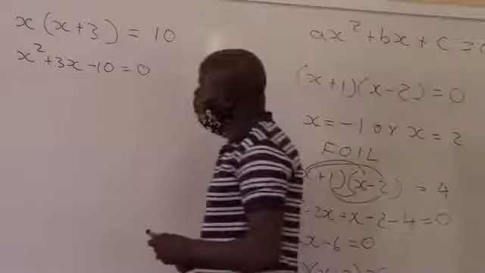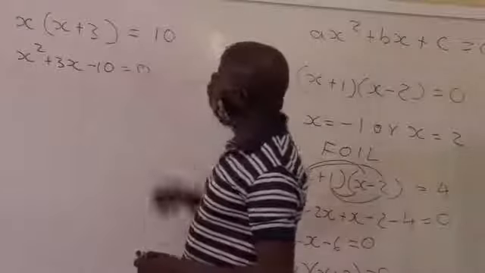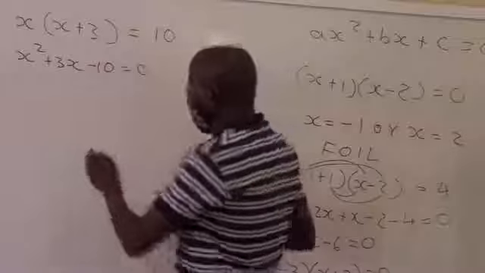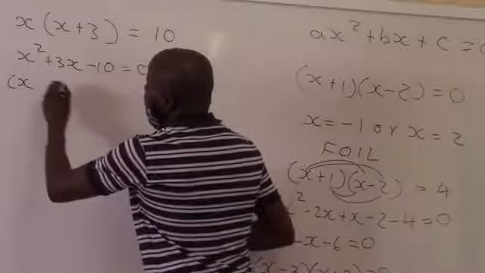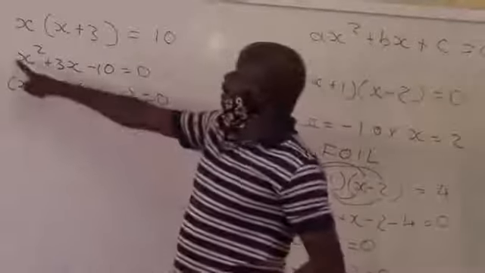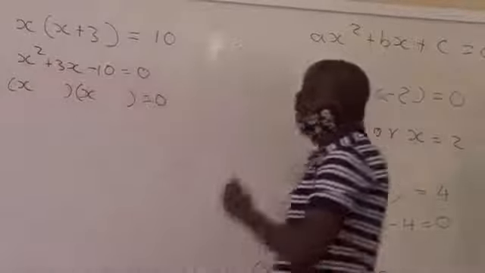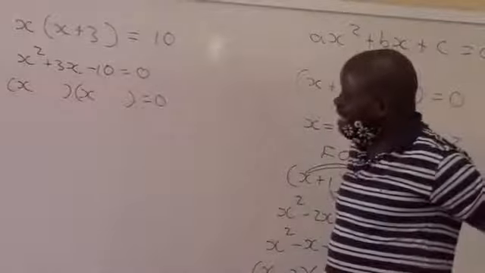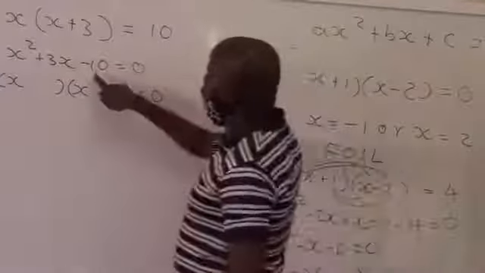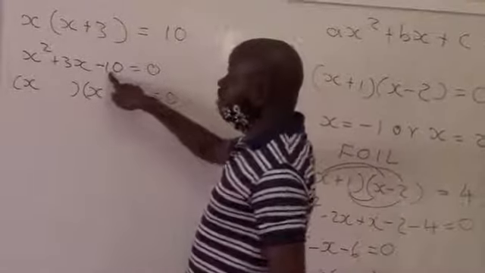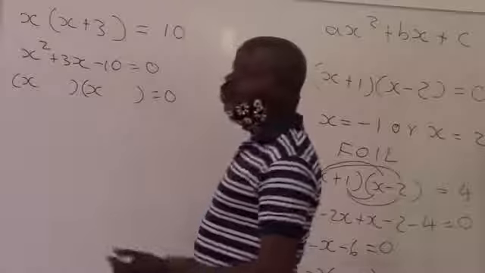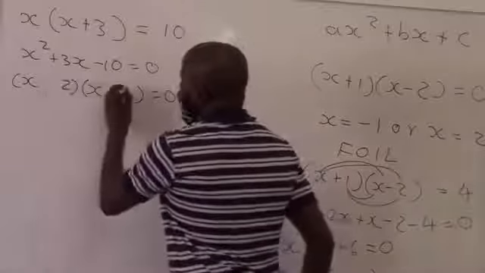How do we go about writing it in factor form? As I said earlier, if the coefficient is 1, the factors start with x and x. The pair that will give us the middle term is 2 and 5.